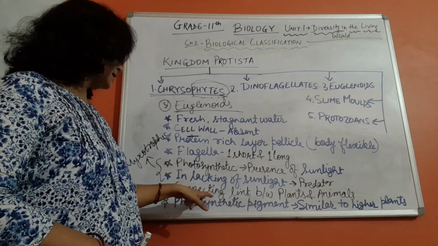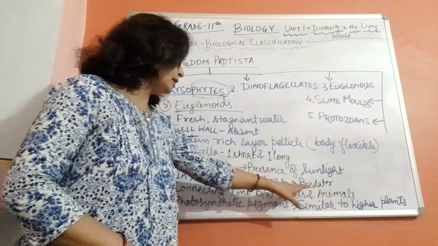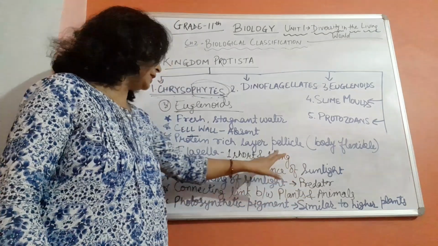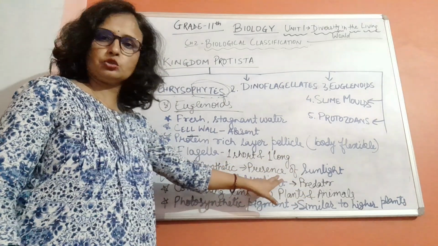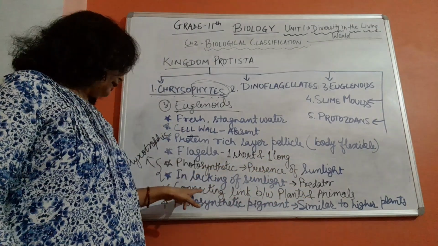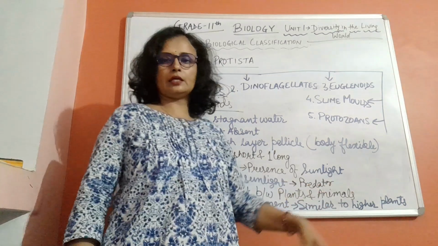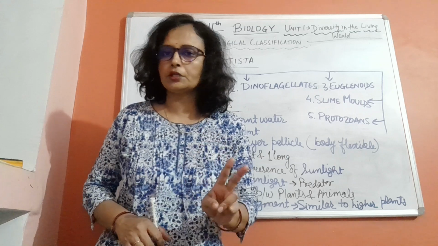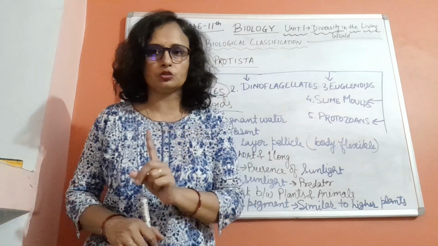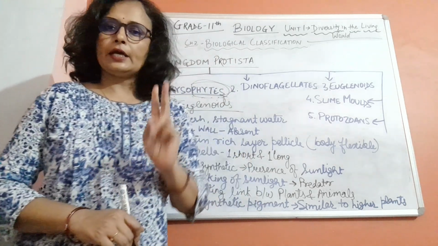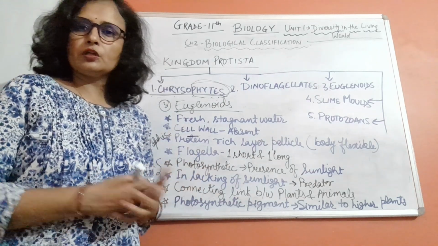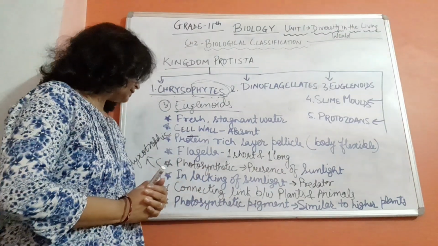Now, because it behaves like an animal as a predator and like a plant as an autotroph, it is known as a connecting link between plants and animals, because it has both characteristics. Plant-like autotrophic green pigment, and heterotrophic feeding on other organisms.